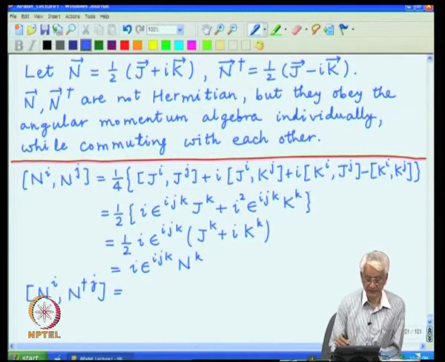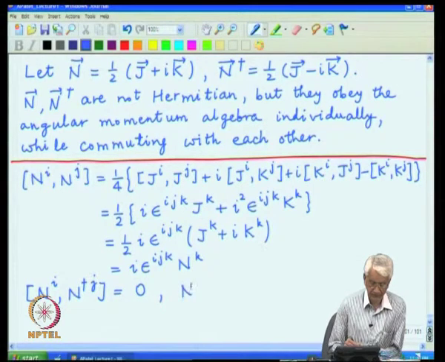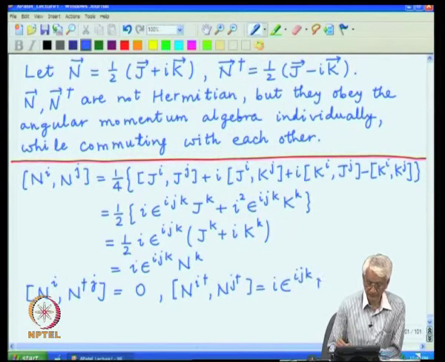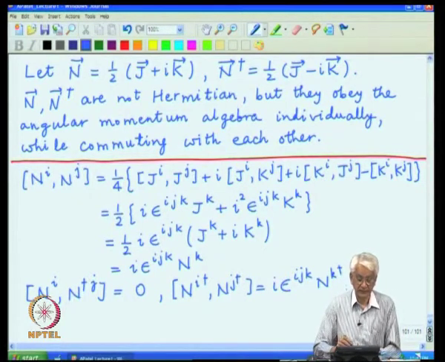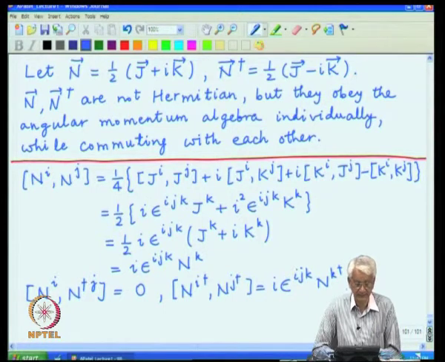So, the last 2 terms can be written with opposite signs, and the first 2 terms are the same sign, but we saw that in this particular case the 2 terms added. Now, with the sign flips included, the 2 terms are exactly going to cancel. So, N_i and N_j dagger actually produces 0, and I can just write for completeness that we have the angular momentum algebra again for N dagger operators.